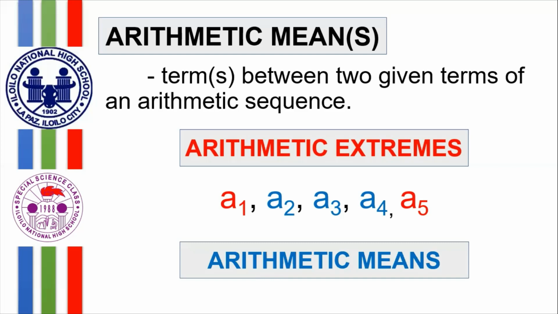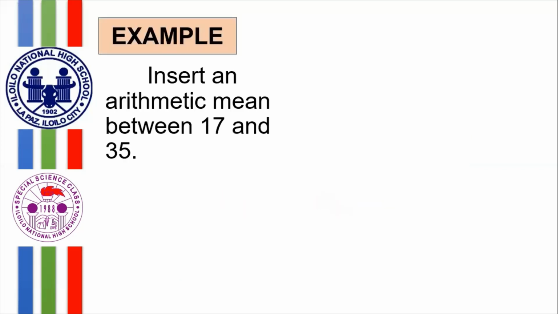Now, let's have an example. Insert an arithmetic mean between 17 and 35. When we speak about an arithmetic mean, our understanding of English grammar is telling us that we will insert only one arithmetic mean.